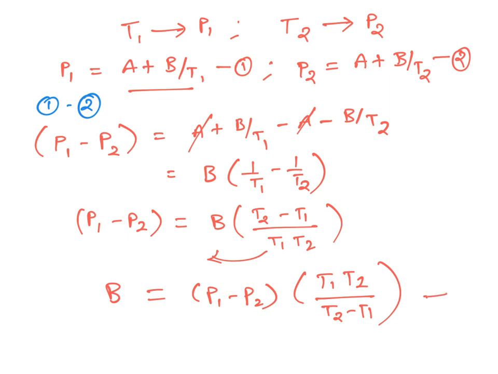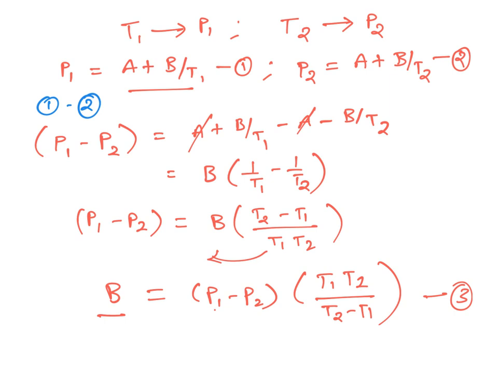Let's call this equation 3. Now from equation 3 we can calculate B, because we are changing the temperature and measuring P1, T1, T2 and P2. If we substitute all these values in equation 3, we get the B value. Once we know the B value, we can calculate the dipole moment.